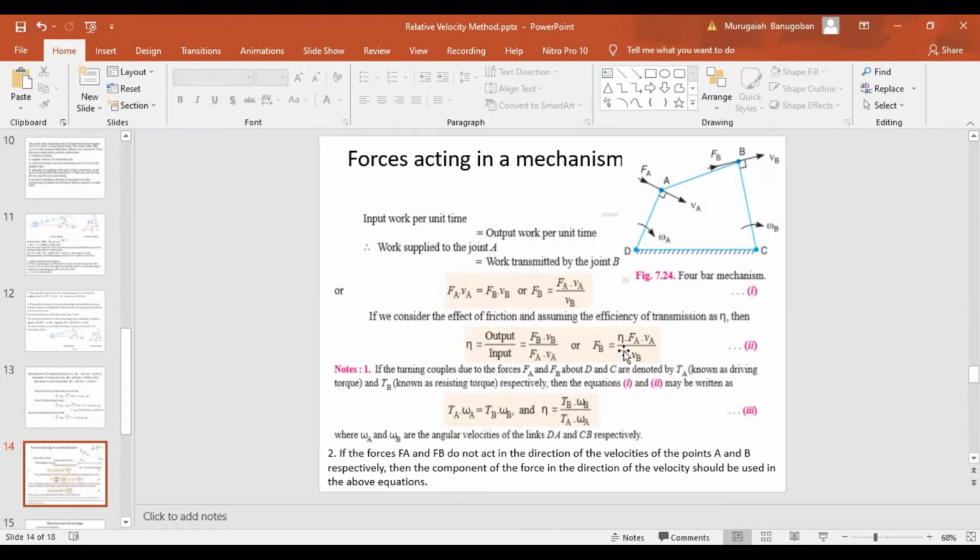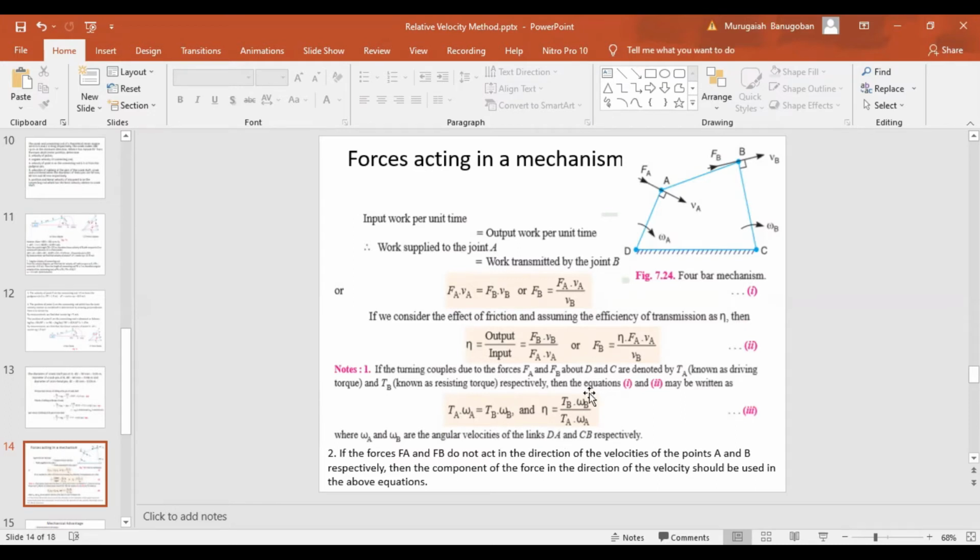If the turning couples due to the forces FA and FB about D and C are denoted by tau A, known as driving torque, then these equations can be written as tau A omega A equal to tau B omega B. That is, tau A into angular velocity A will be equal to tau B into angular velocity B. Then efficiency will be tau B omega B upon tau A omega A, that is output upon input, where omega A and omega B are the angular velocities of the links DA and CB respectively.